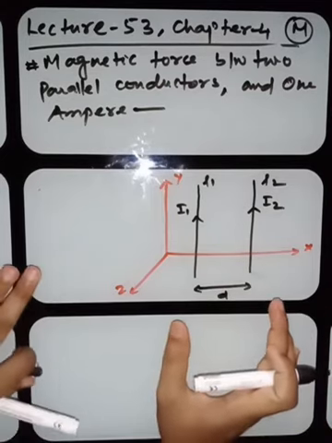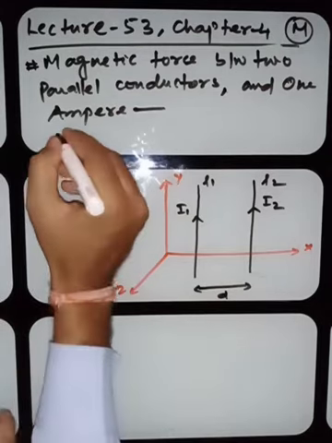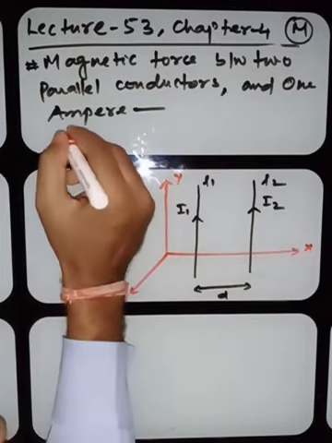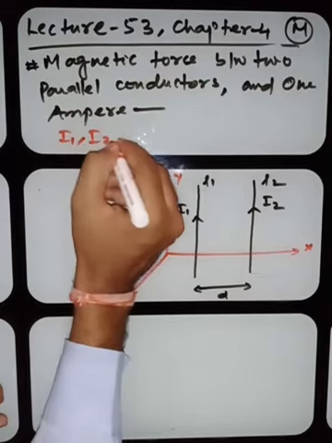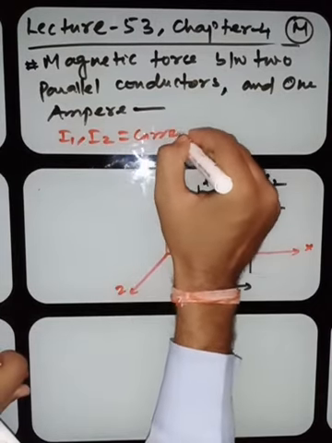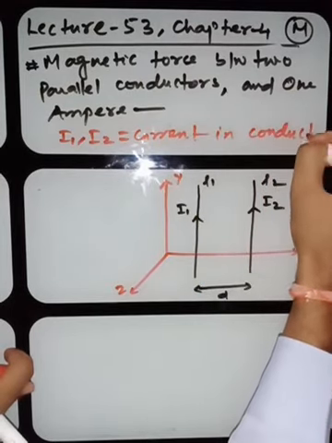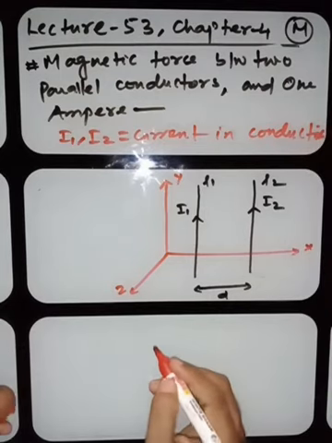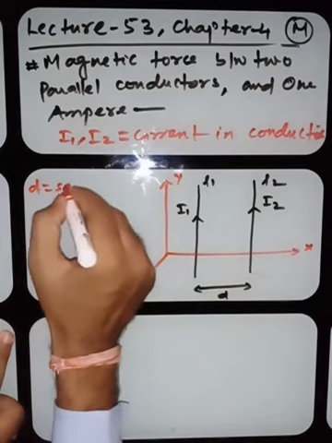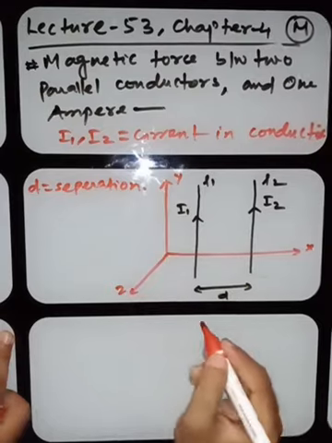What values do you have? You have I1, I2. Let me write that. I1, I2 are the currents in the conductors. D is the separation between the two conductors.